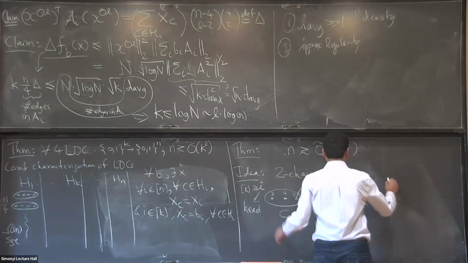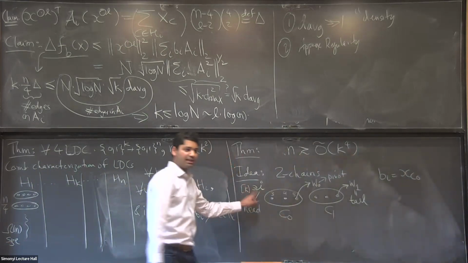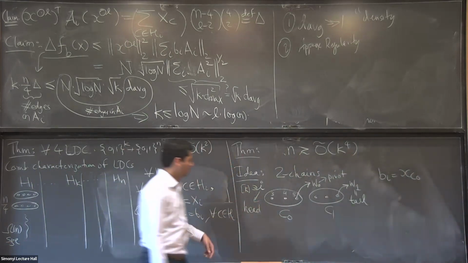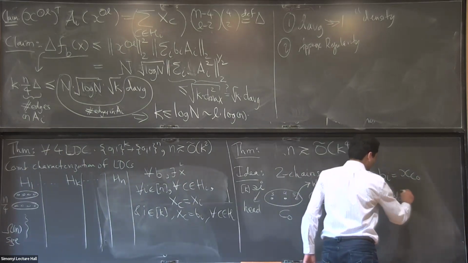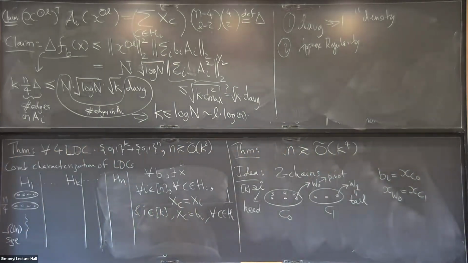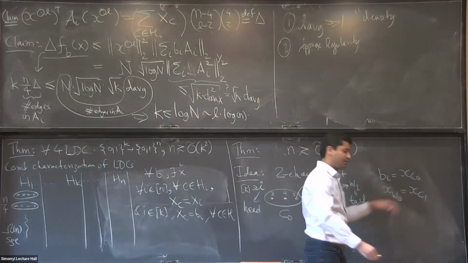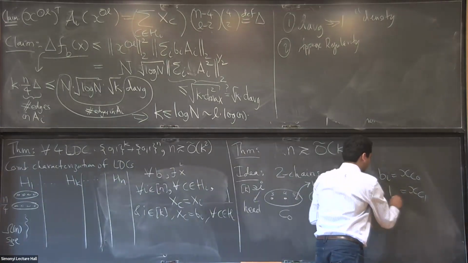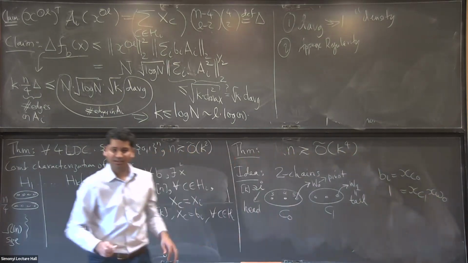So, I know here that BI equals XC0. That's the decoding equation for the first hyperedge. I also know that XW0 equals XC1 because I picked C1 from HW0, right? Remember, these are all plus minus 1, so I can just multiply XW0 on the other side.